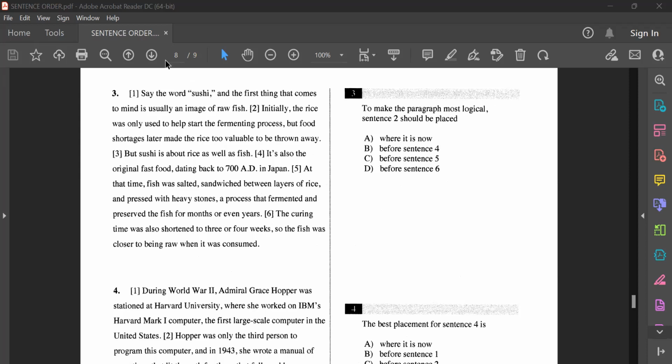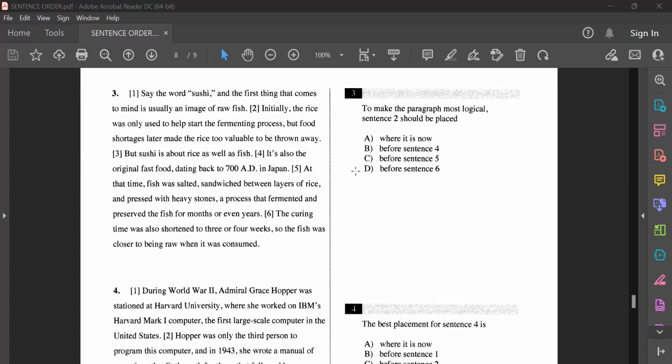Okay, now simple logic. "Initially the rice was only used to help to start the fermenting process, but food shortages later made the rice too valuable to be thrown away." Read the first line. What does it say? "Say the word sushi. The first thing that comes to mind is usually the image of raw fish. But sushi is about rice as well as fish." So this is the continuation, because the first sentence talks about what sushi is about.